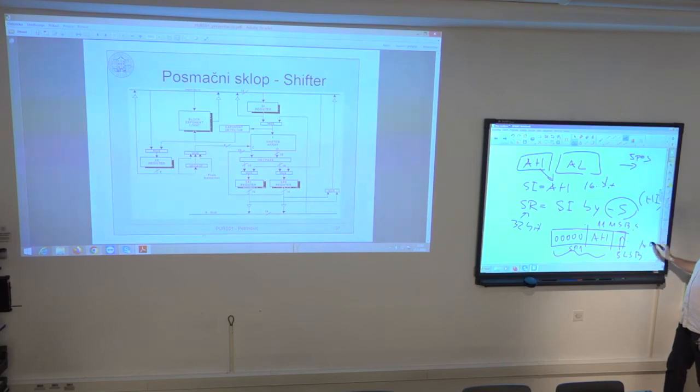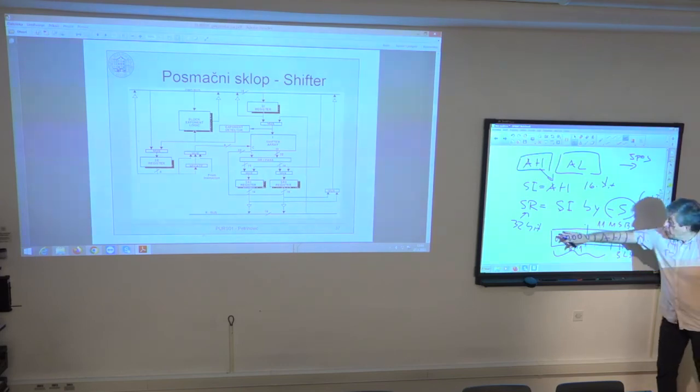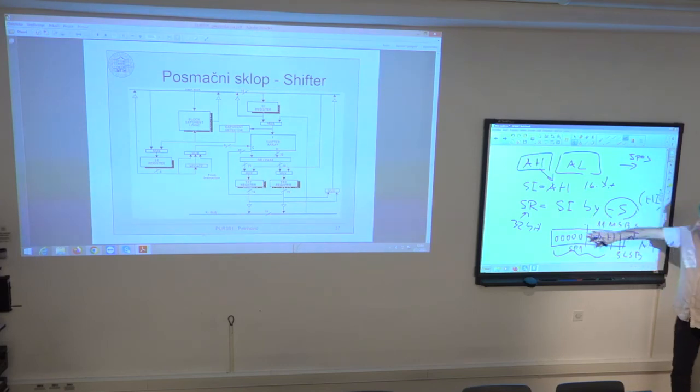And finally, I have another 11 0 bits. Okay, 5 0 bits, 11 bits of AH, then 5 bits of AH, and 11 0 bits. So I have shifted this value 5 positions to the right, but I get the 32-bit value.